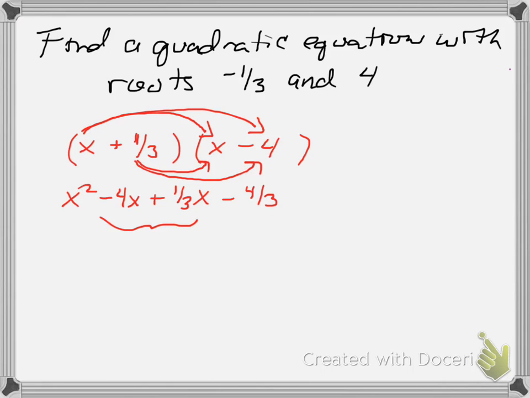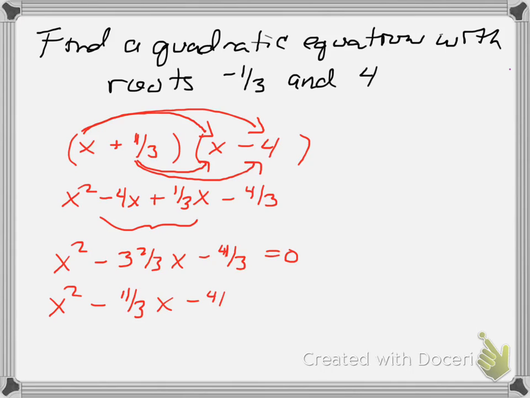Combine the buddies in the middle. -4 plus 1/3 is -3 2/3. I don't like that as a mixed number, so I would change that to an improper fraction. And that's what I would have for an answer right there. If you wanted to multiply that by 3 because you don't like fractions, that's fine. Some people like to do that.